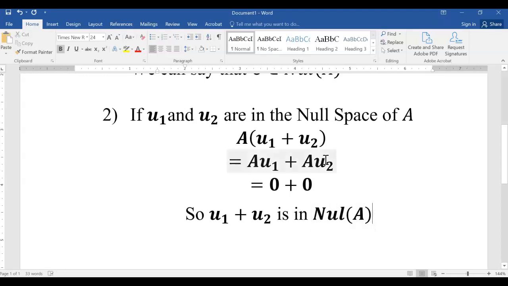All right. So since when you multiply it times A, you get out the 0 vector, the sum must be in the null space of A. So we are closed under addition.